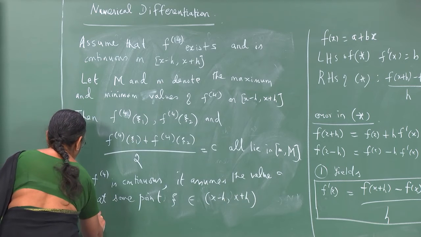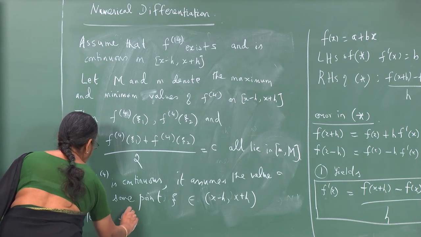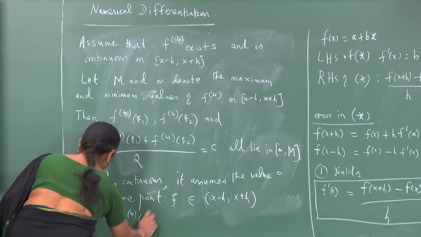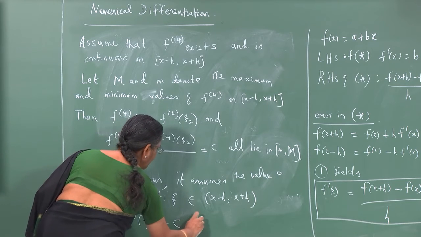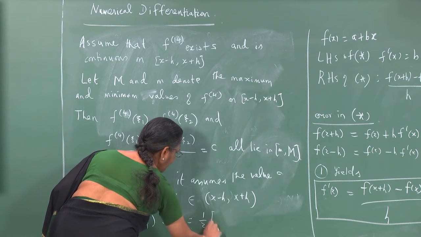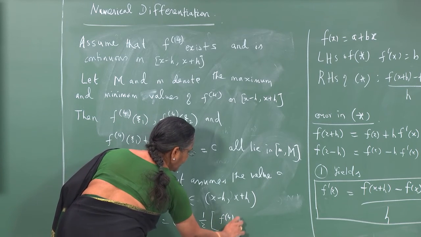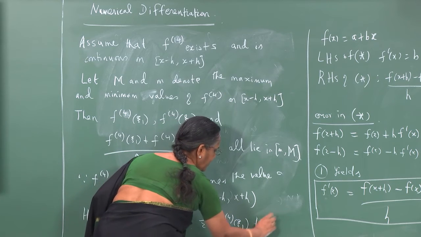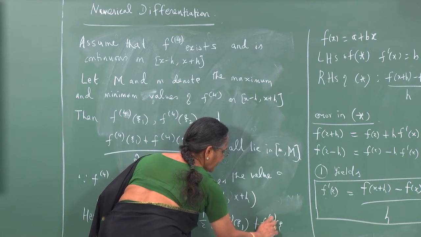So, hence the fourth derivative at psi is c, which is half of the fourth derivative at psi 1 plus the fourth derivative at psi 2.